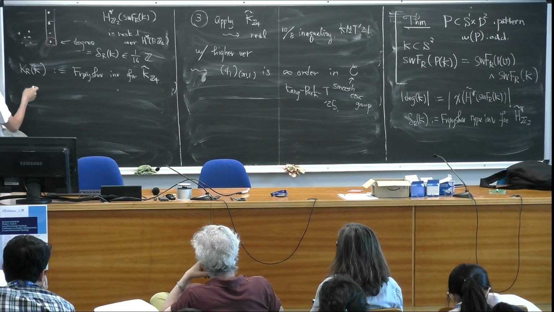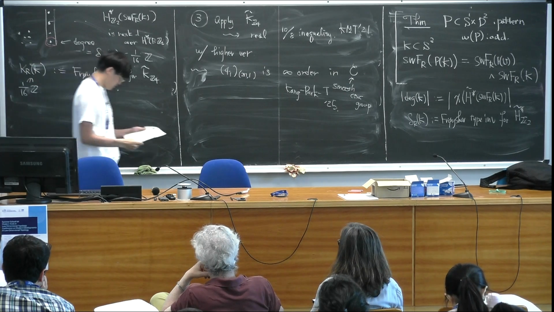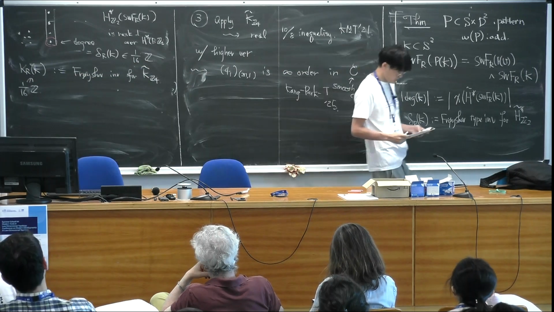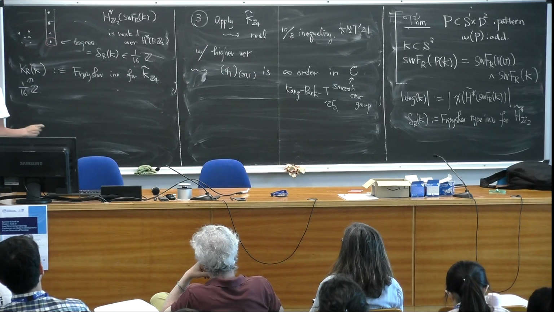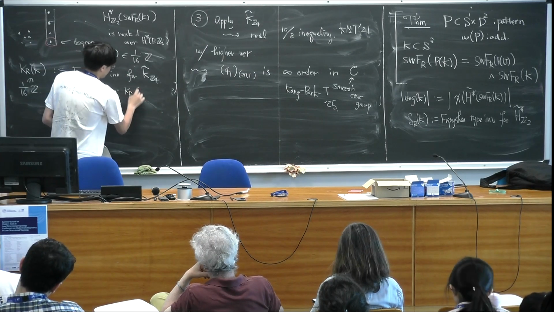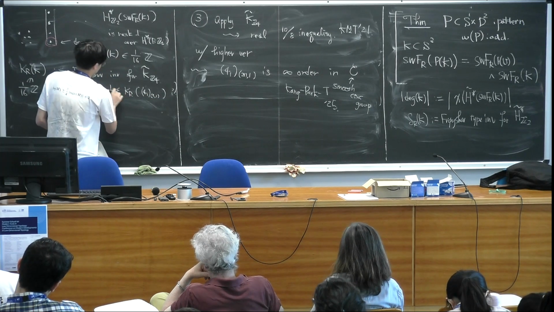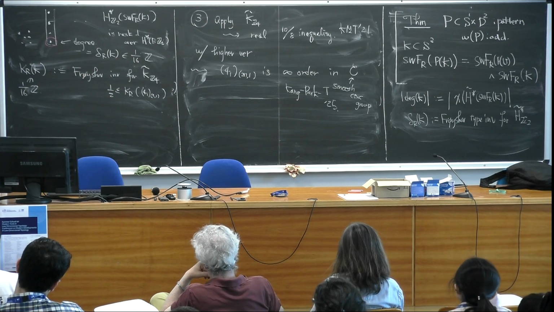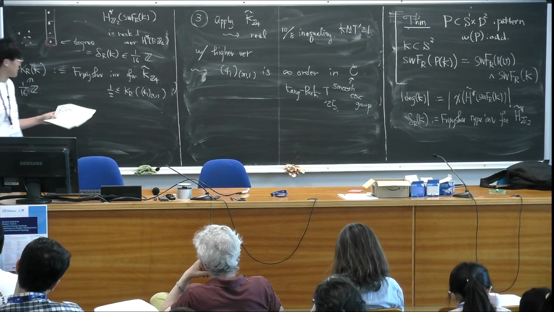Anyway, it takes values in 1/16 Z. For example, for the 2,1 cable of the figure-8 knot, the kappa invariant is non-trivial, and the kappa invariant of the unknot is 0. So this is not smoothly concordant.